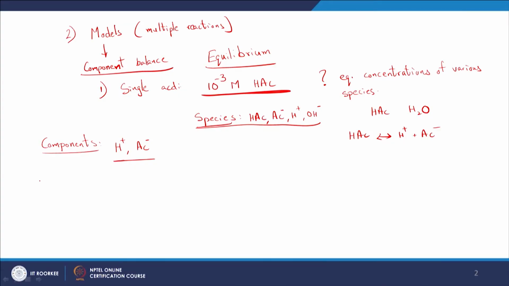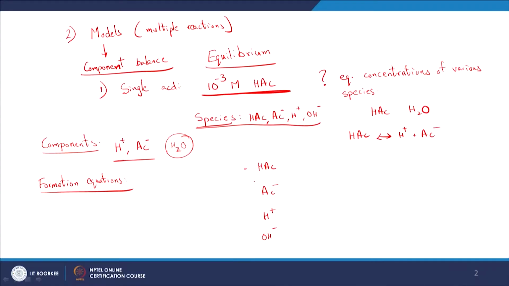Once I am done with the components, we need to write the formation equations. I want to form my species, which I am going to list here, from my components. In general, there is always H2O as a component; it goes without saying that water is always a component.